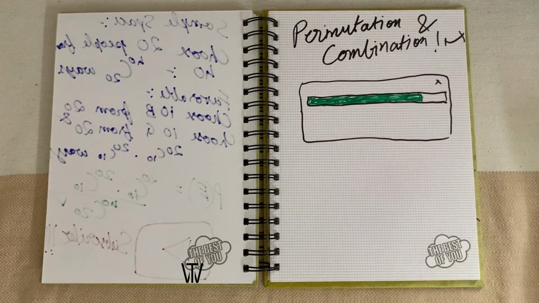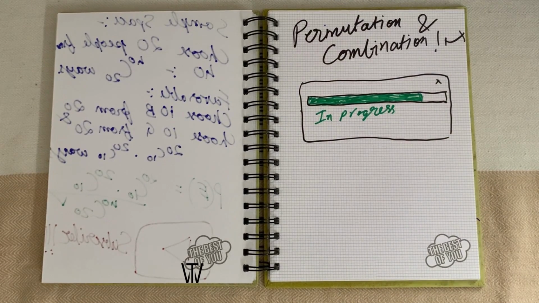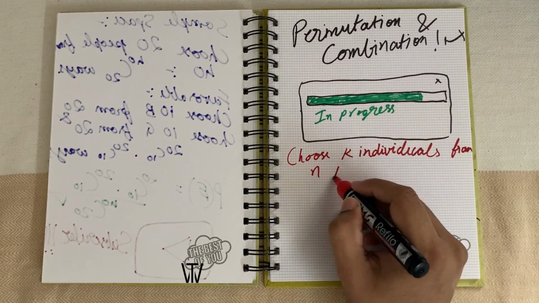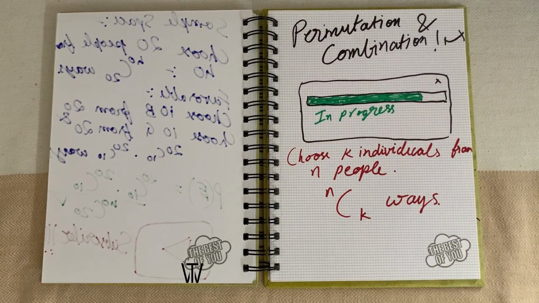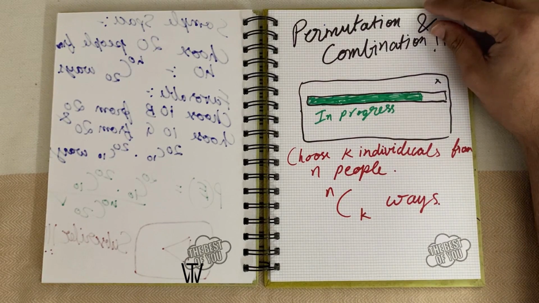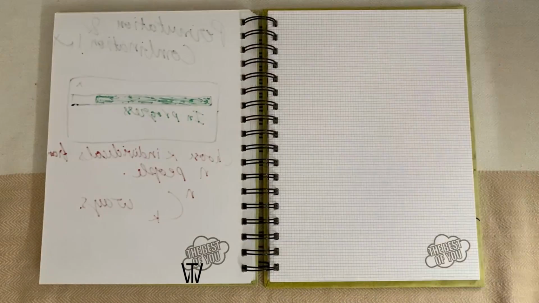Well, not quite. There are some special cases that you need to be aware of. You have seen how to choose k individuals from n people. That you can do in nCk ways. There is an interesting mathematical formula where this expression comes from.